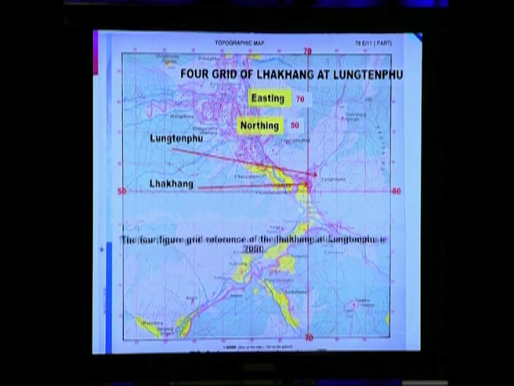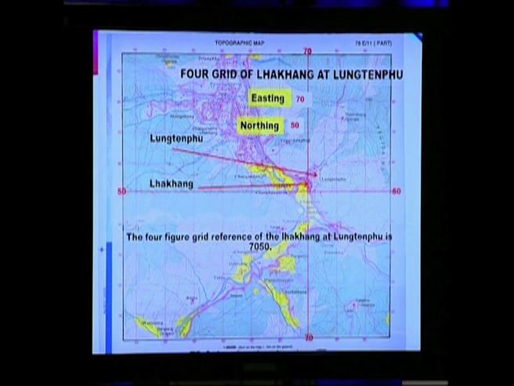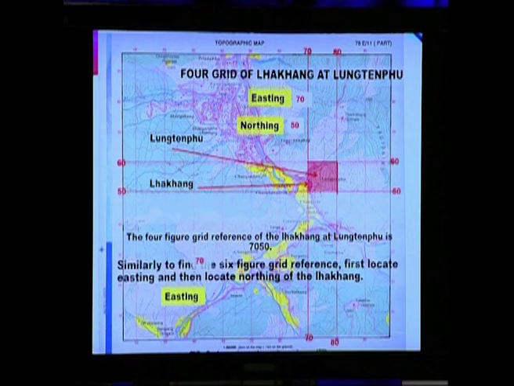In the same way, we look for the 6 figure grid. So what do you do? You divide the grid into 10 parts and then you will find the answer. 70 0 and 52. So this is how we find the location, 6 figure and 4 figure grid, of a particular place.